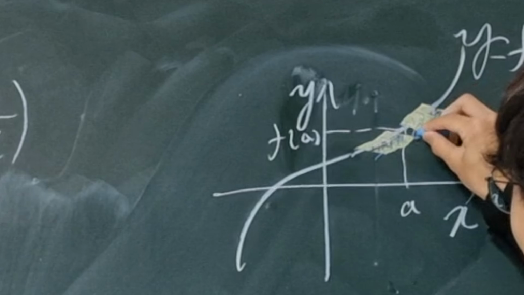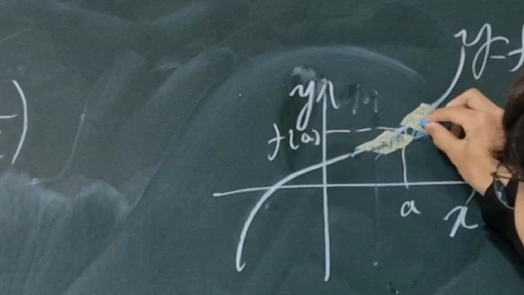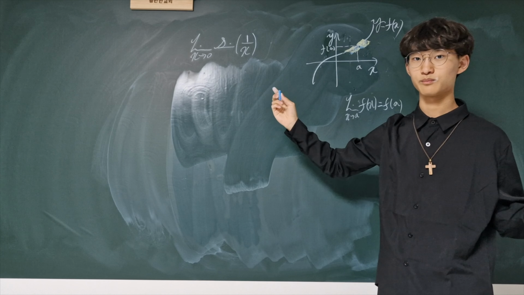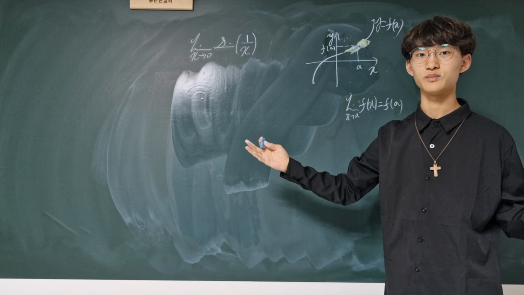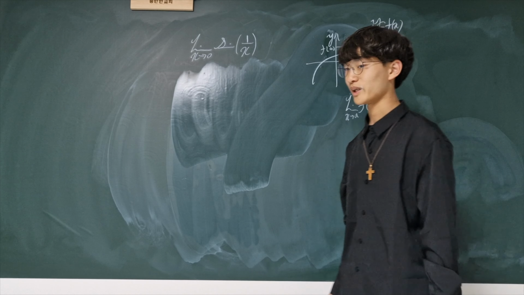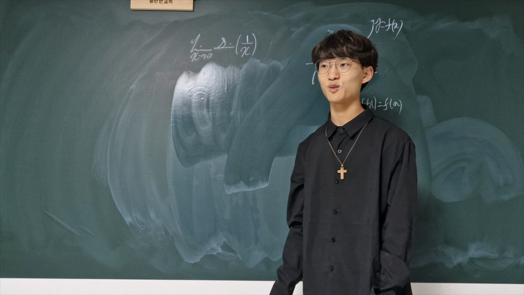As x approaches a, the y value is approaching f of a, right? That's all. No, just kidding. There is a proof that you can use, which is Epsilon-Delta proof, and I'm going to use that in my third video about this topic, so stay tuned.